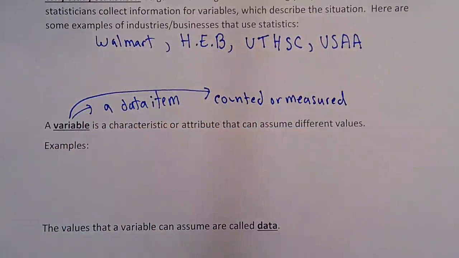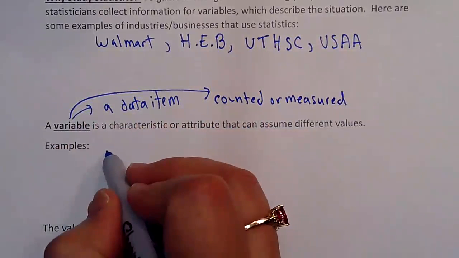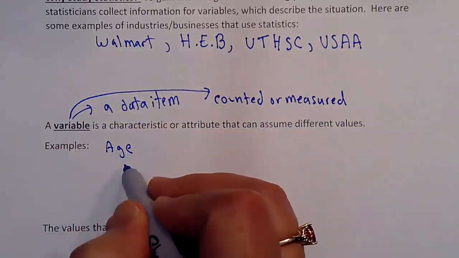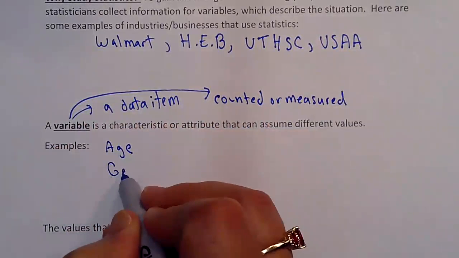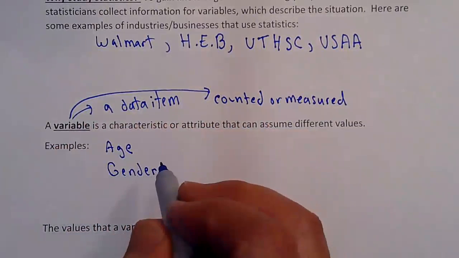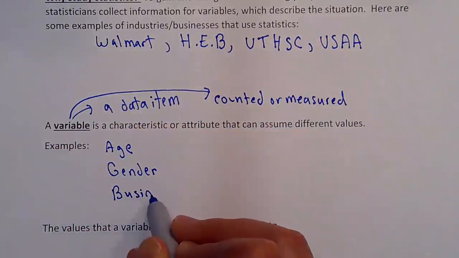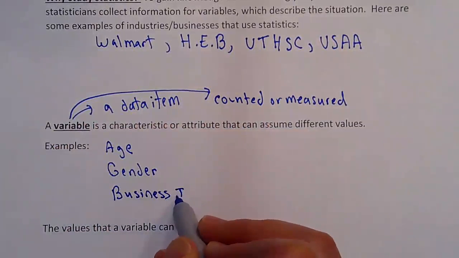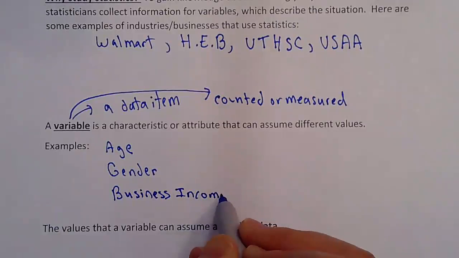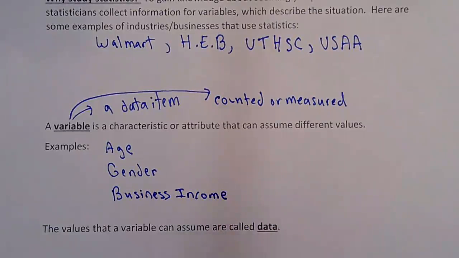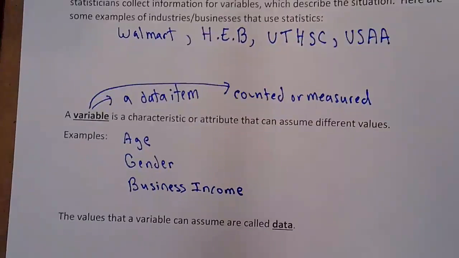As far as examples, I have age is one, gender, and I also have business income.